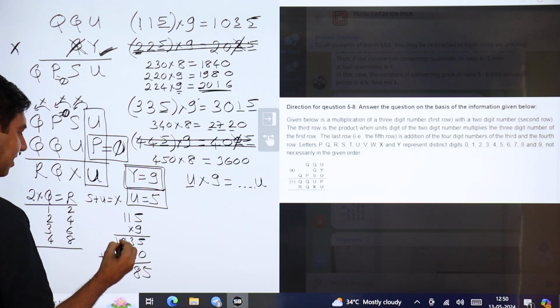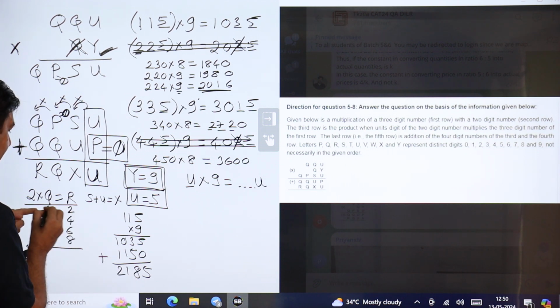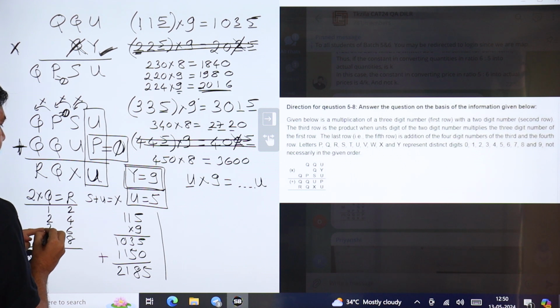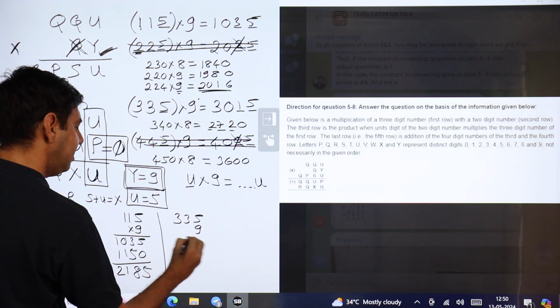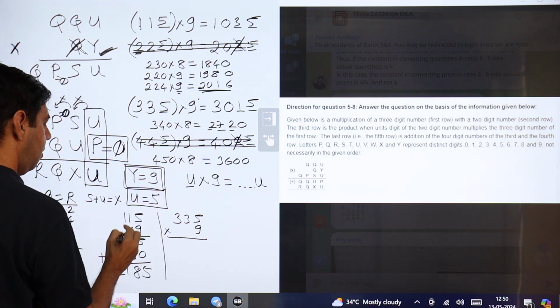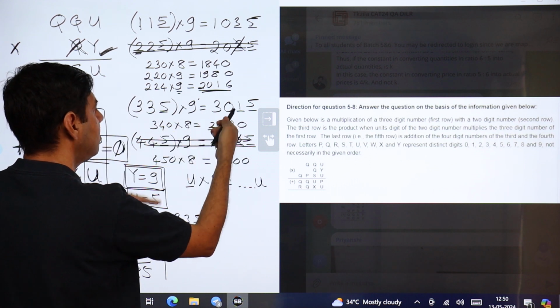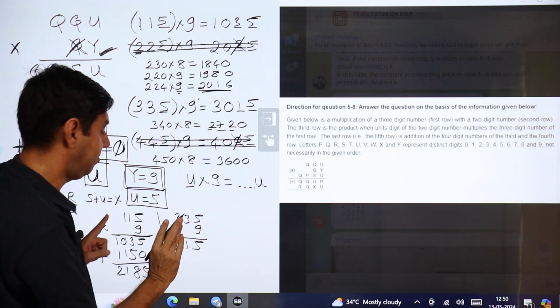So the x is 8, that seems okay. This is a 1, the q, and this is a 2, the first one I took q. And the third one, I assume q as 3, so 335 into 9, a product. I should write there into 9. And what was that? 3015. So this row is good enough, no problem till here.